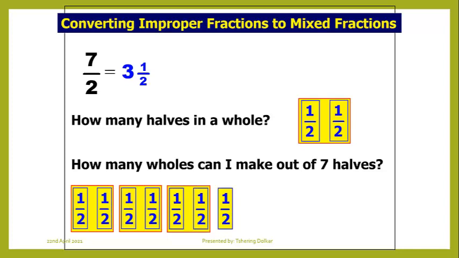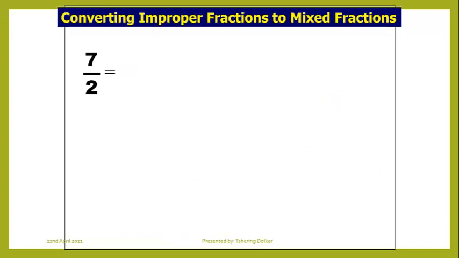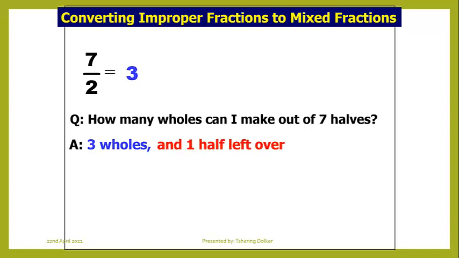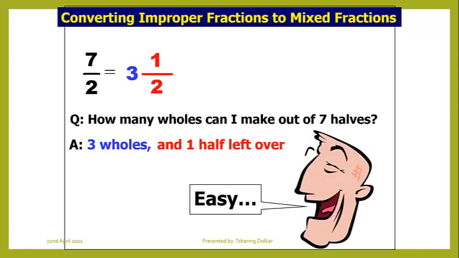So we get the mixed number 3 1/2, which means 3 wholes and a half left. There we go. It's super easy, right?